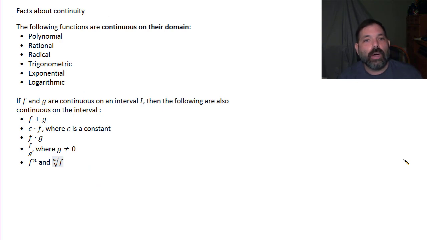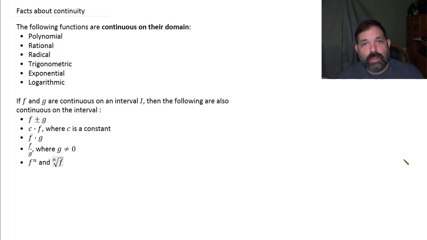In fact, the following functions are continuous on their domain: a polynomial, rational, radical, trigonometric, exponential, and logarithmic functions. All of the standard functions that we've learned through our algebra courses are continuous on their domains.